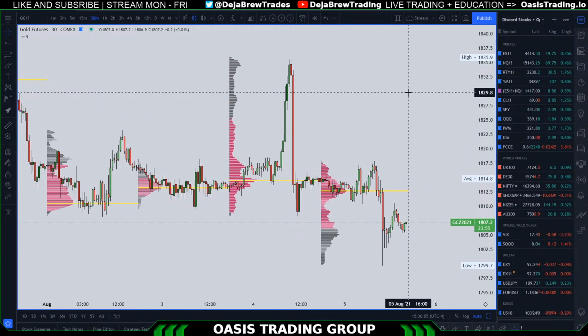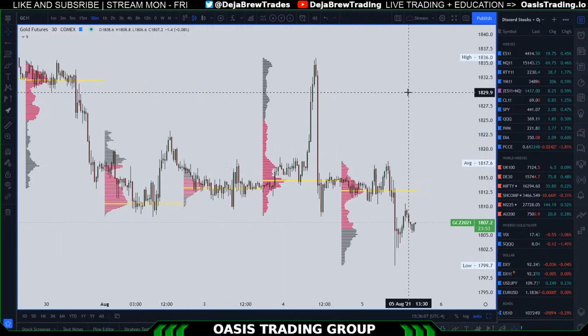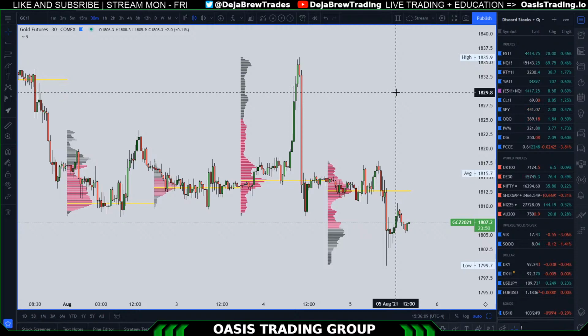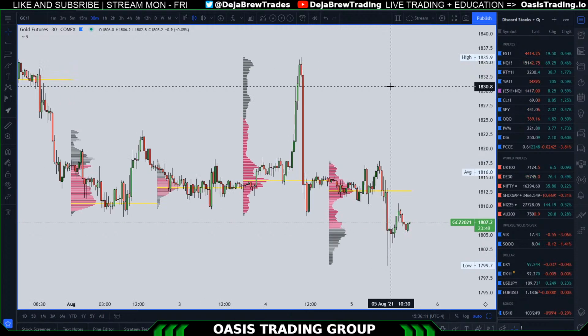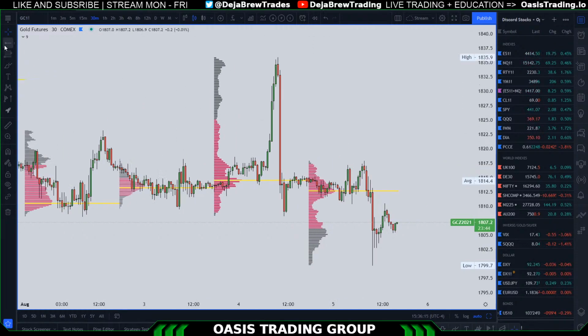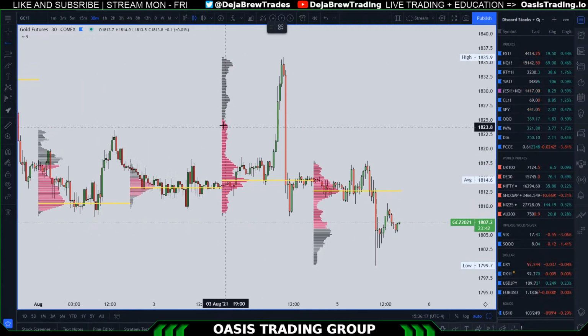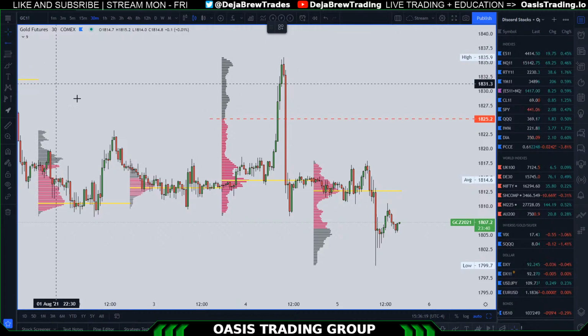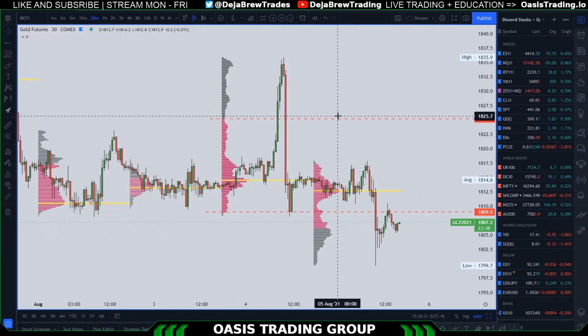But if we want to talk about it from a volume profile standpoint, let's see what happened today. We already went over yesterday, so just using these levels here, we can see what happened today.